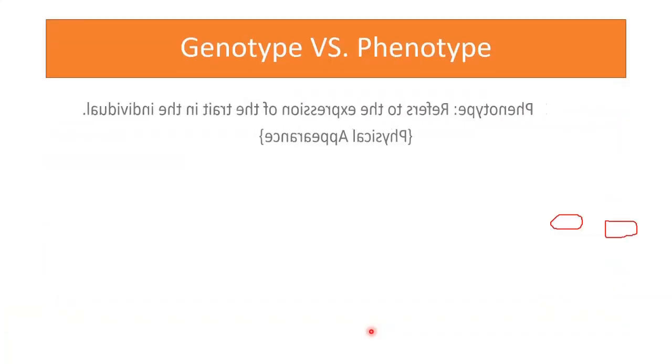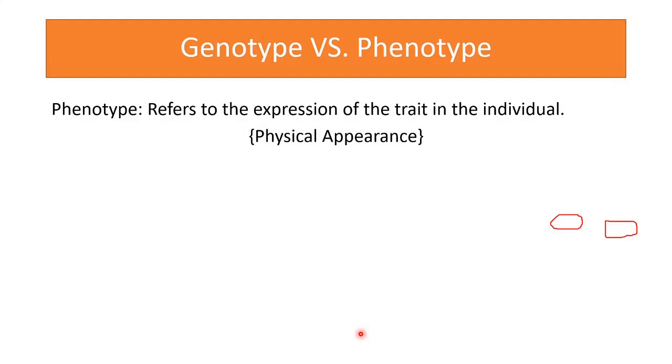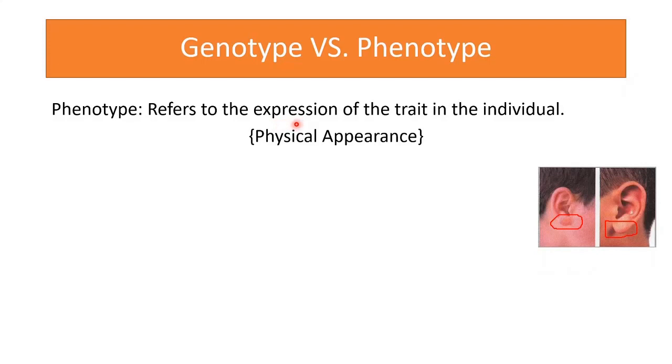What about phenotype? Phenotype refers to the expression of the trait in the individual. Yani, how I see this trait in this individual. For example, for the earlobe, here I have two individuals, one having attached earlobe, the other has free earlobe. So the phenotype of the first individual for this trait, how I see it, he has attached.